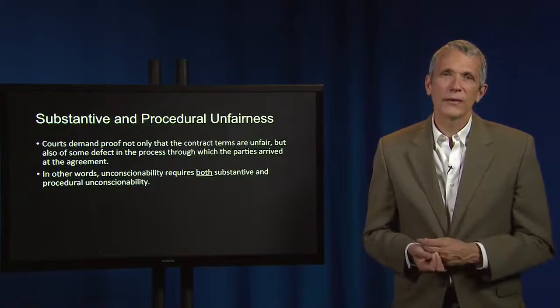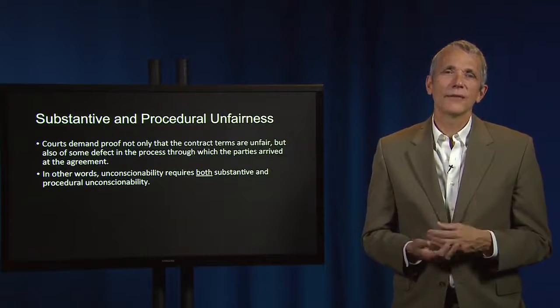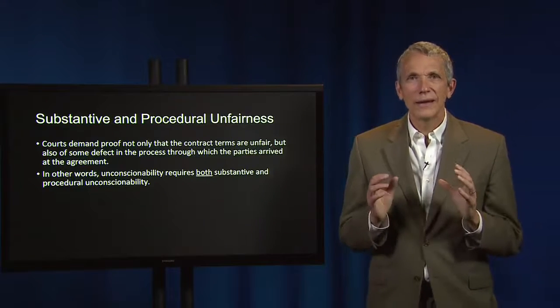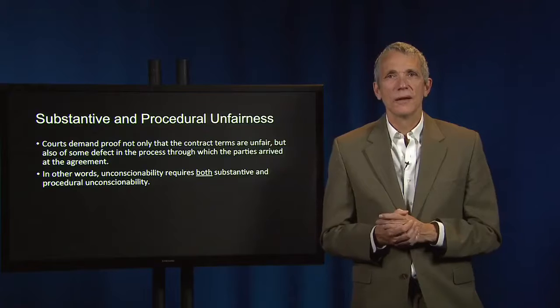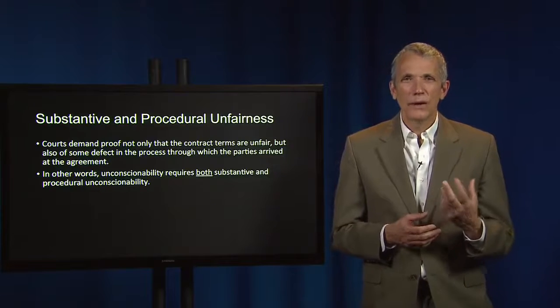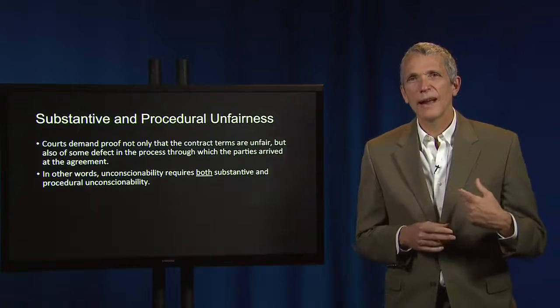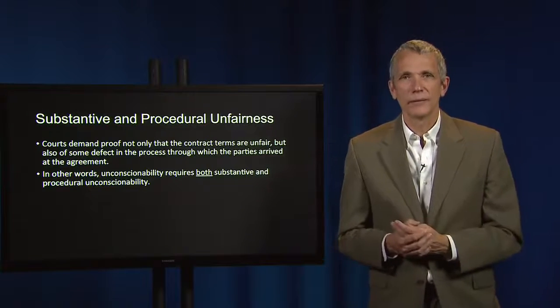Some were unemployed or disabled. Many were facing the loss of their homes through foreclosure. These factors were indicative of imposition. They had nothing to do with what the contract said, the substantive terms, but it helped explain how these unfair terms came about.